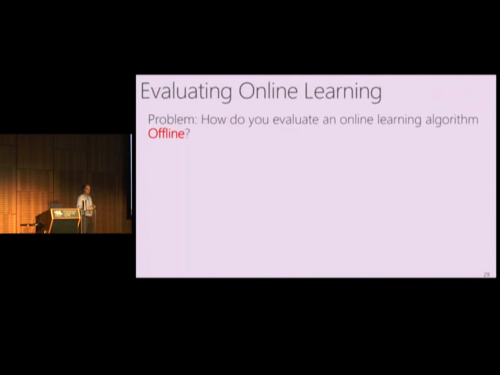Okay, so now that we have learning working from Contextual Bandit data, you would like to be able to evaluate your learning algorithm. And we kind of already have an answer to that because we know that we can evaluate a policy offline. And that means we could have a train set and a test set.